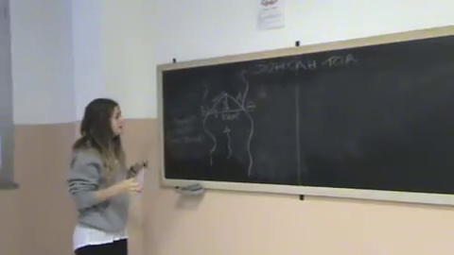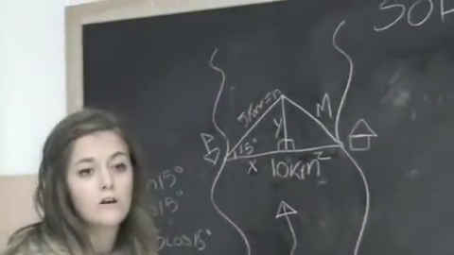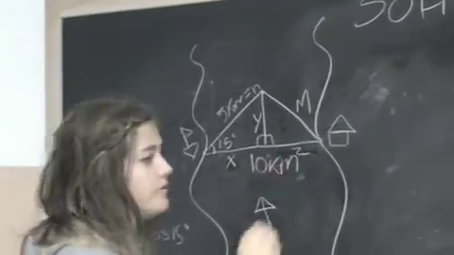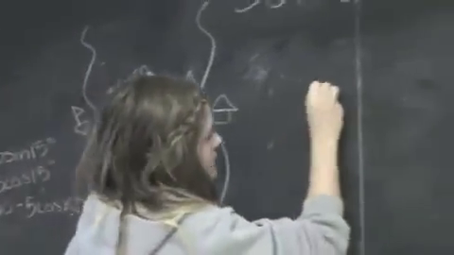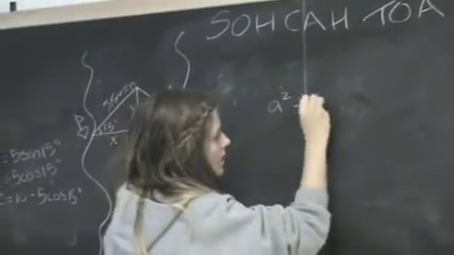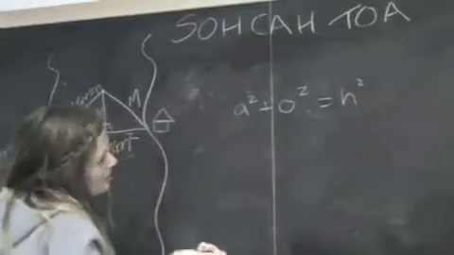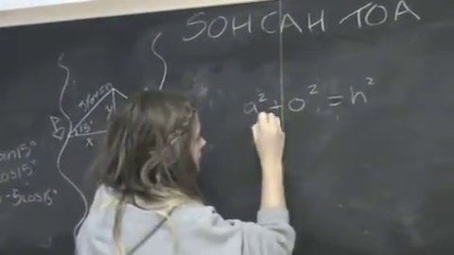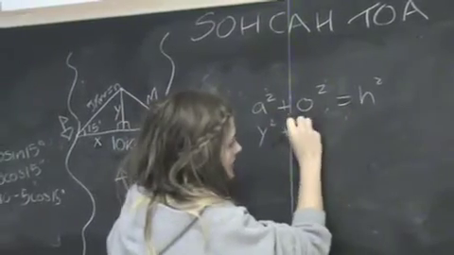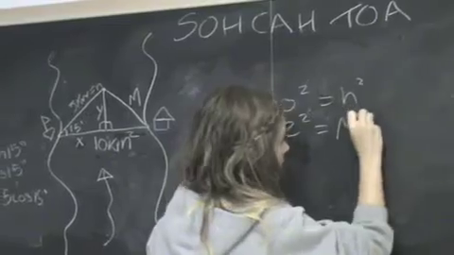So now the next step you'll do is here you now have two sides of the triangle. And to find the hypotenuse, you use what's called the Pythagorean theorem, which is adjacent squared plus opposite squared equals hypotenuse squared. And in this case, it would actually be y squared plus z squared equals m squared.